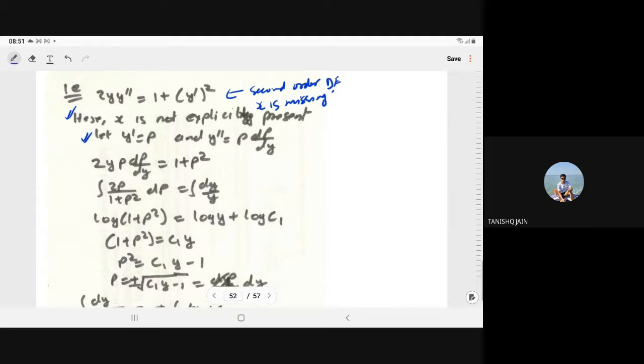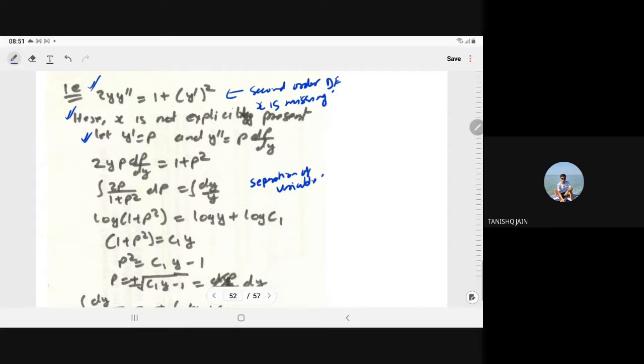So it can be written as 2y, and in place of y double dash we write p into dp by dy, is equal to 1 plus p square. Here you can separate the variables.